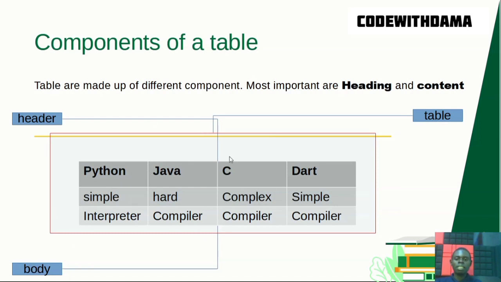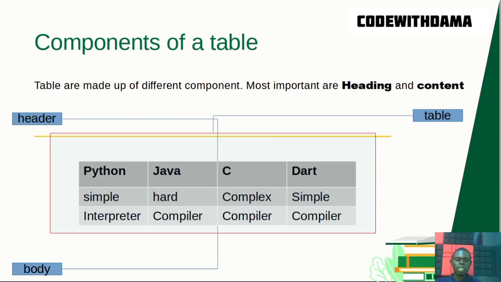Everything is wrapped around the table tag, which is like this big red box around the whole table. So everything you're going to be doing concerning this table is going to be inside your table tag, both the headers as well as the body, the content.